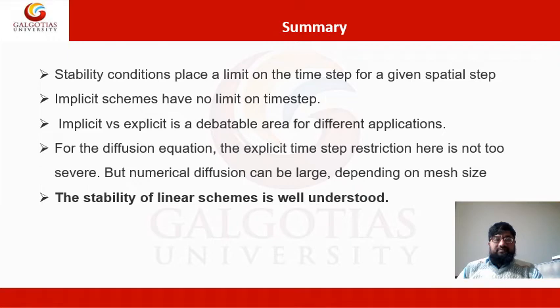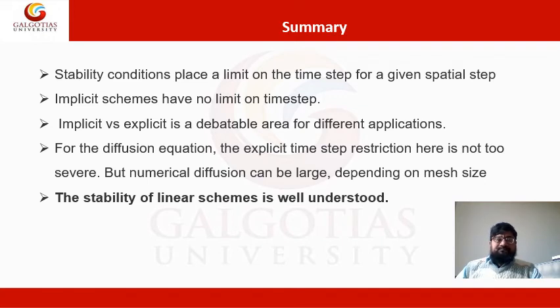Implicit schemes have no limit on time step because no stability condition is posed by von Neumann stability analysis on sigma, or the Courant number. So we can choose the time step as large as we want.